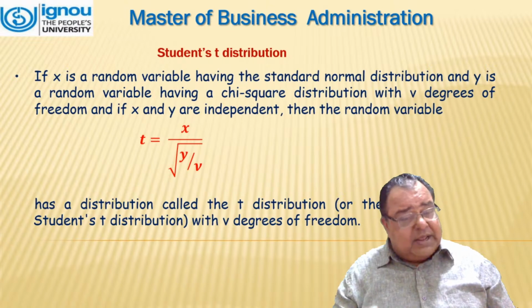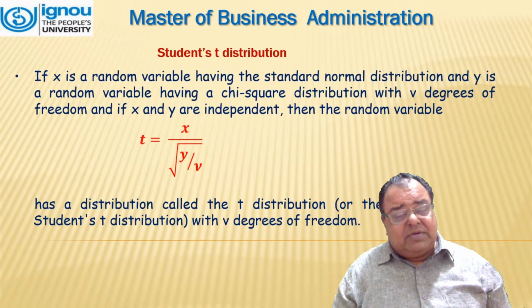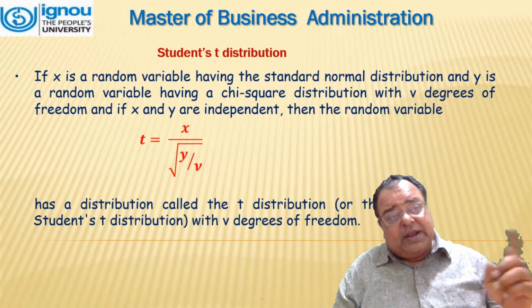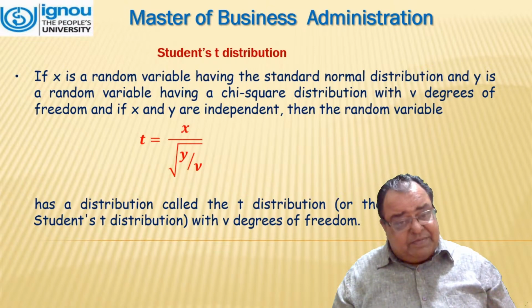Nu is the degree of freedom, which has a distribution known as t distribution or student's t distribution with nu degrees of freedom.